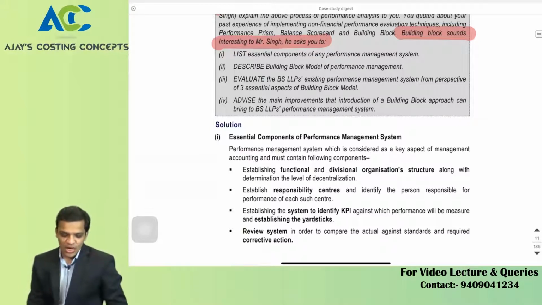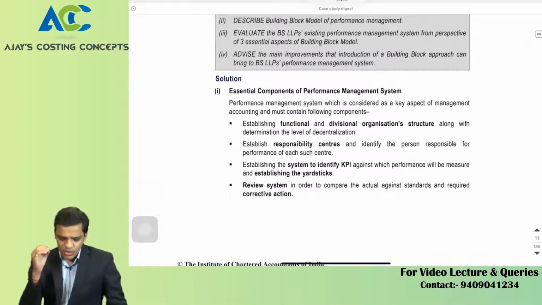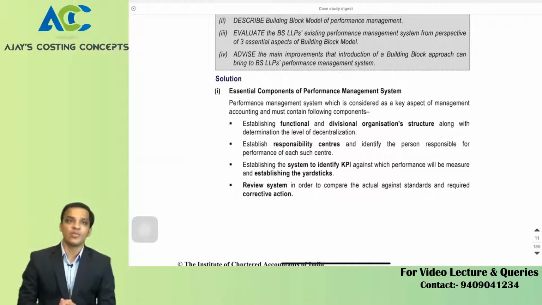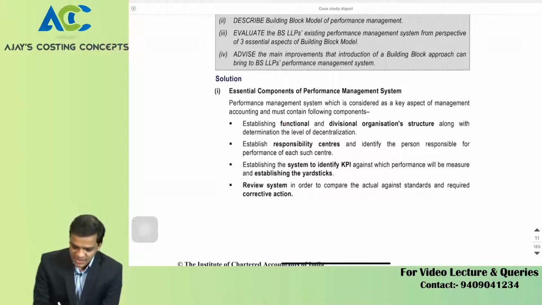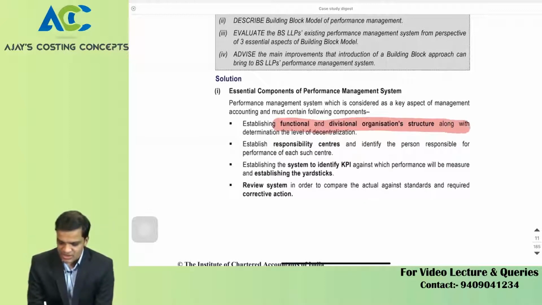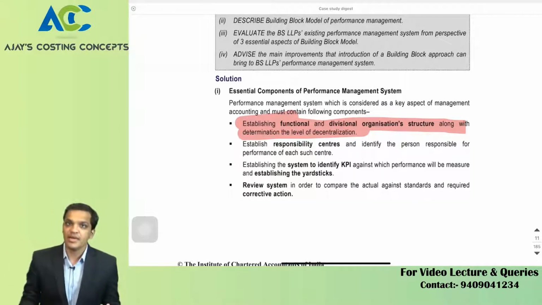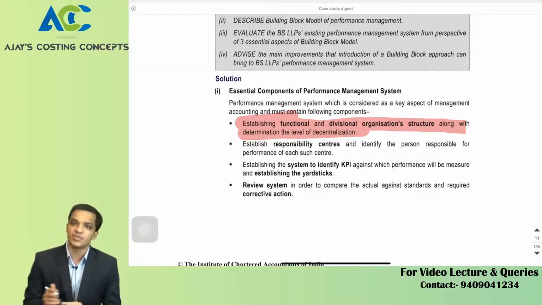Now first, what are the essential components of any performance measurement system? What is the key aspect that management should understand? The first thing is that they should have an established functional and divisional organization structure along with determination of the level of decentralization. That is one of the important aspects that must be considered.